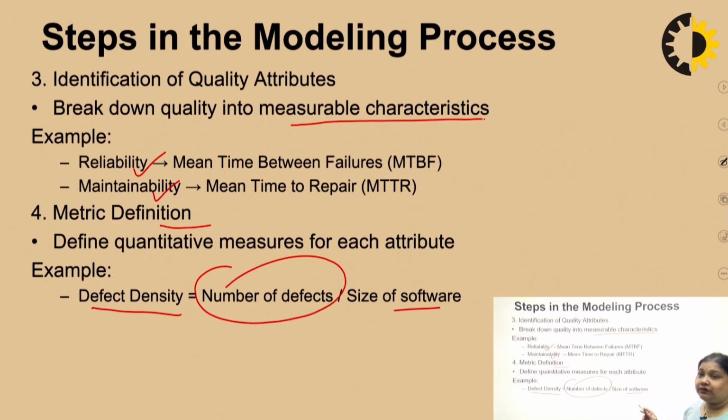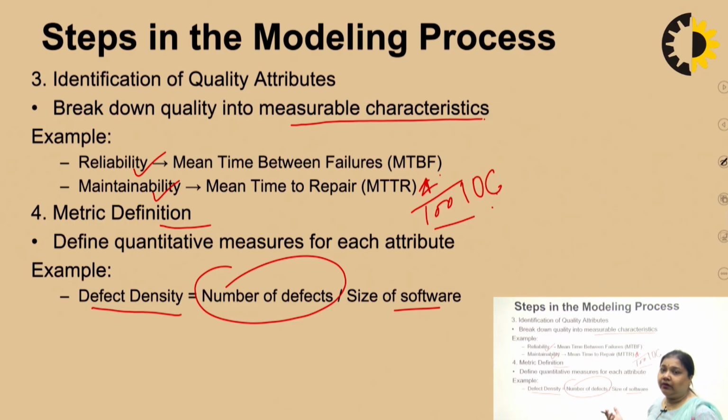We can measure size by lines of code, LOC. Suppose we have 100 lines of code, 100 LOC, and we have 4 errors in this code. Then defect density equals 4 by 100. So we can find defect density by this formula. This is only an example.